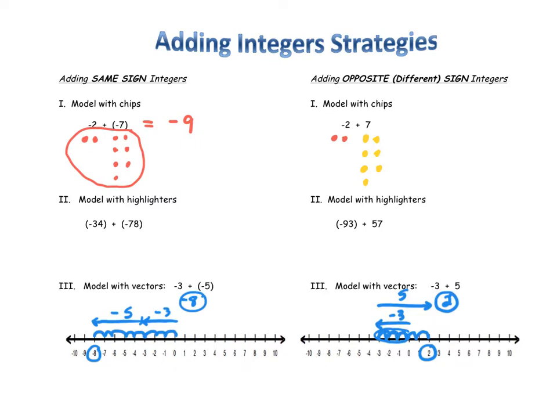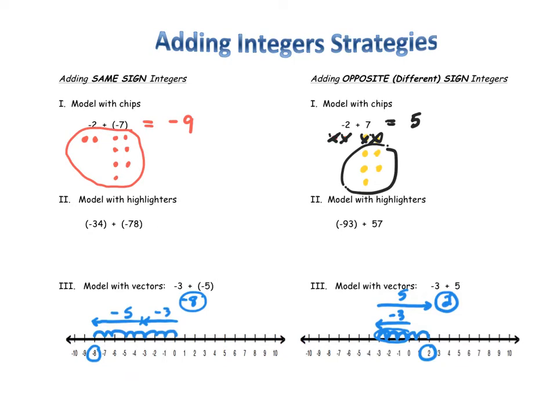So now I need to zero out, which means I'm creating 0 pairs. This is 1 pair, 1 red and 1 yellow. That's a 0 pair. Another red and another yellow. That's another 0 pair. But here's what I have left over. So again, the color tells me that it's positive. And so the number of them, there's 5 positive counters or chips. So that's a strategy we can use.